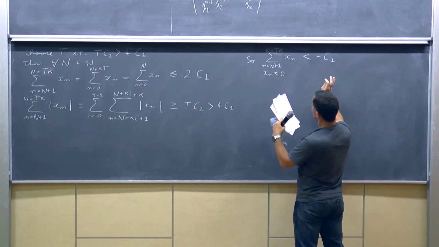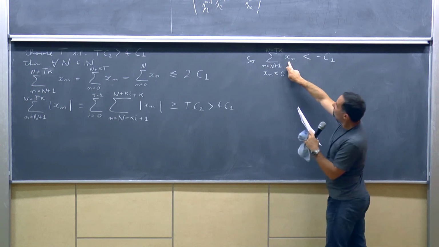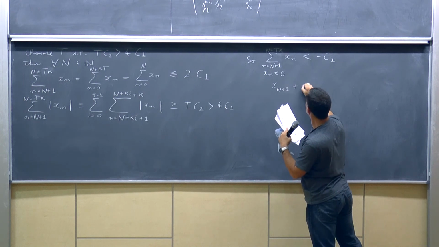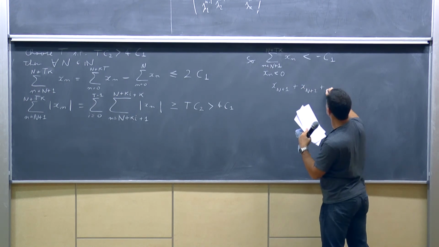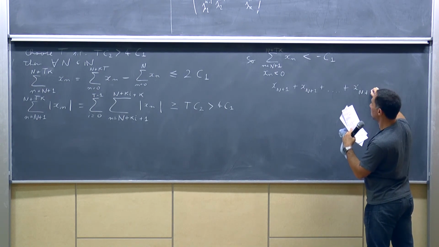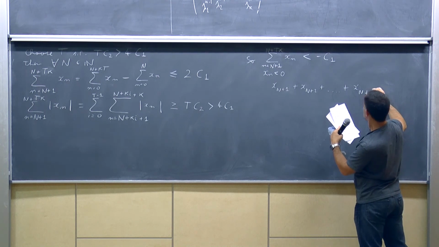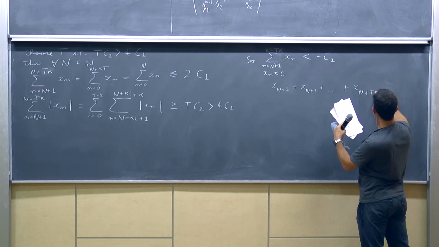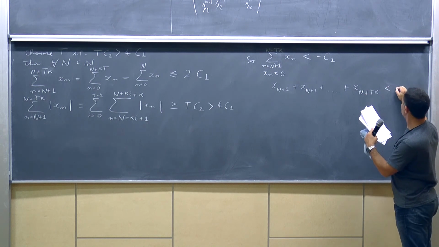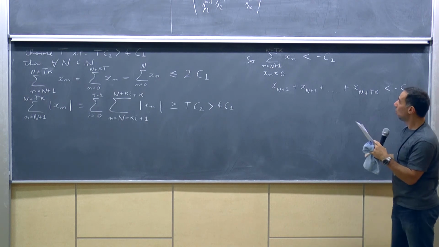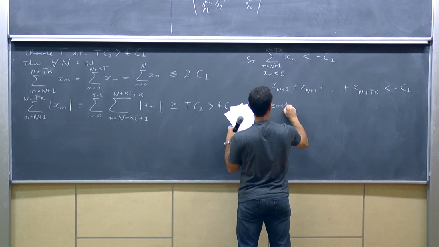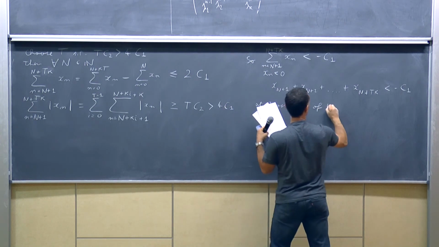And so I'm done, because what happens now? I've got tk numbers: x n plus 1, plus x n plus 2, plus ... plus x n plus tk. And I know that this is less than minus C1.